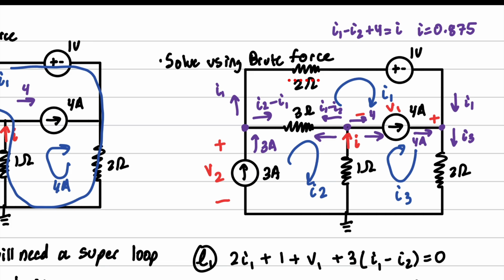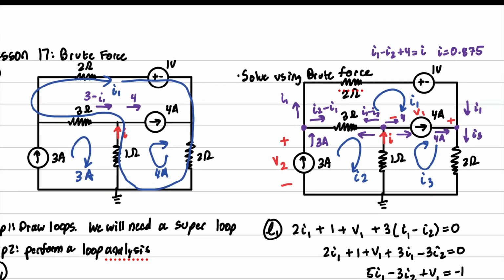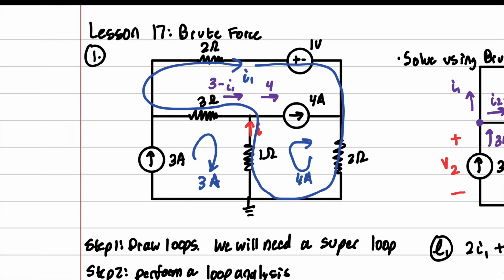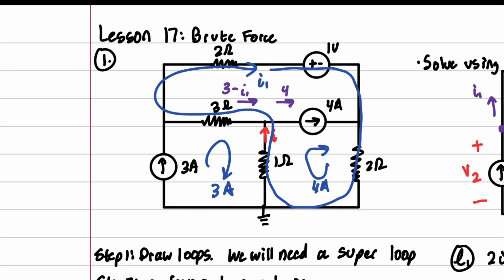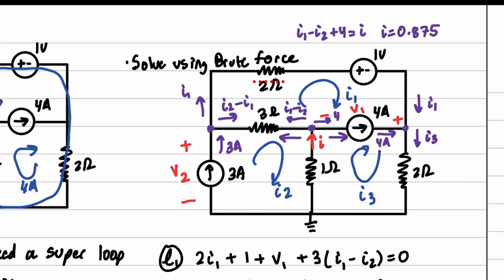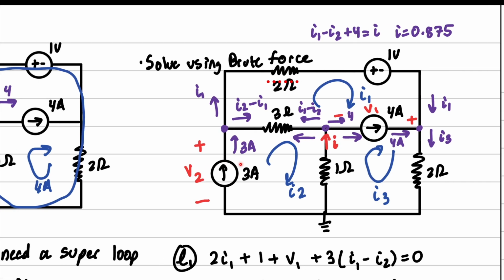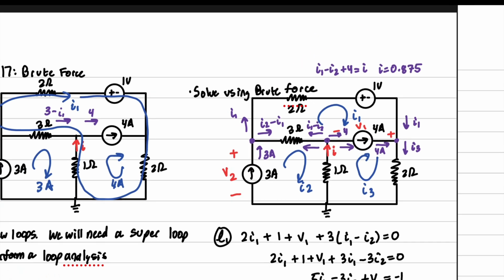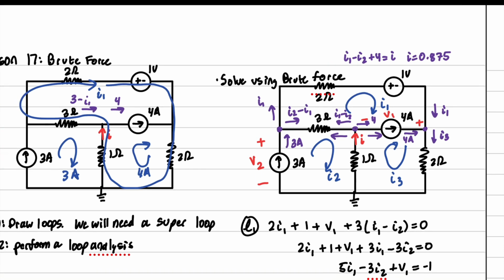In this case, it was easier to do a super loop, and it also avoids using a super loop. Like if you couldn't think of how to do a super loop, in a super loop, you avoid these current sources in your big loop. But in the brute force, you include your current sources. So yeah, that's how you use brute force. We're going to do one more example, and that'll be it.